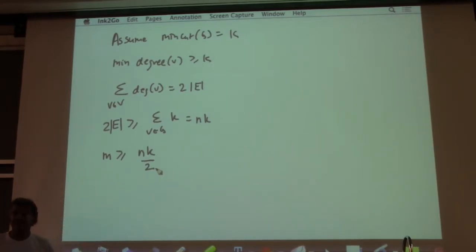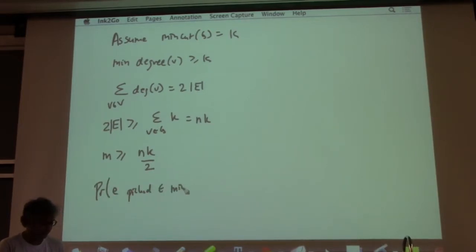So the probability that the edge picked belongs to the min cut is equal to k over m, because there are k needles in an m-size haystack. But we just said that m is greater than or equal to n times k over 2.